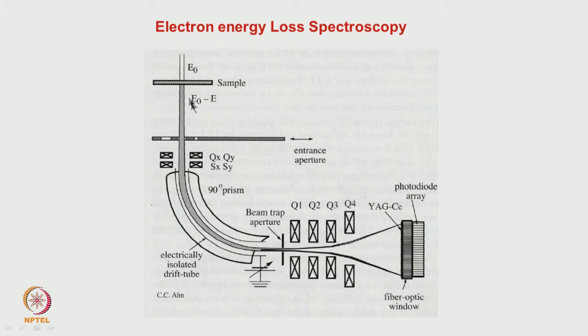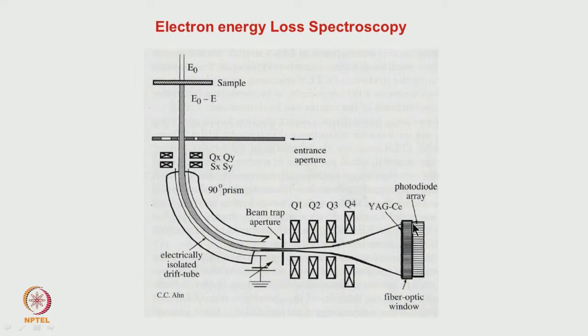The electrons which have lost various energies come out, and at the back of the microscope we can put a magnetic sector analyzer, so that Lorentz forces will be acting on these electrons. Since the electrons have different energies, they will be focused to different points, and using various lenses, their separation is magnified, and they fall on a photodiode array.